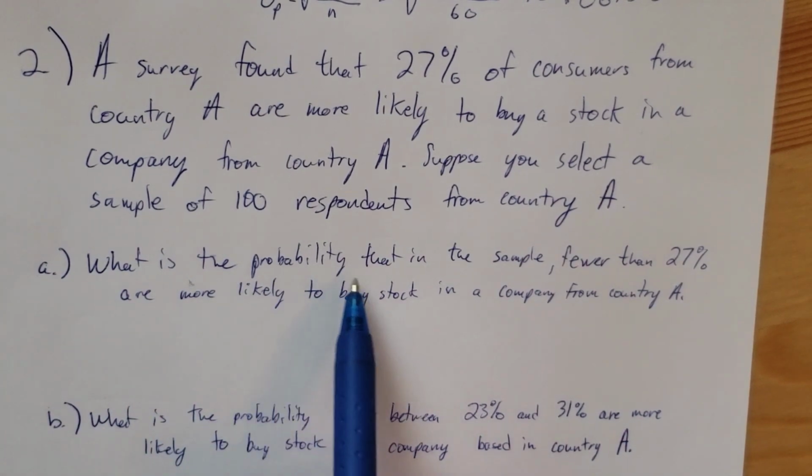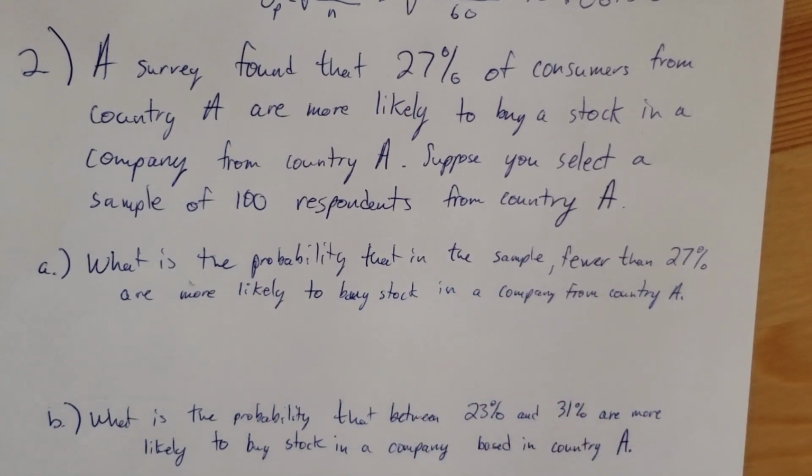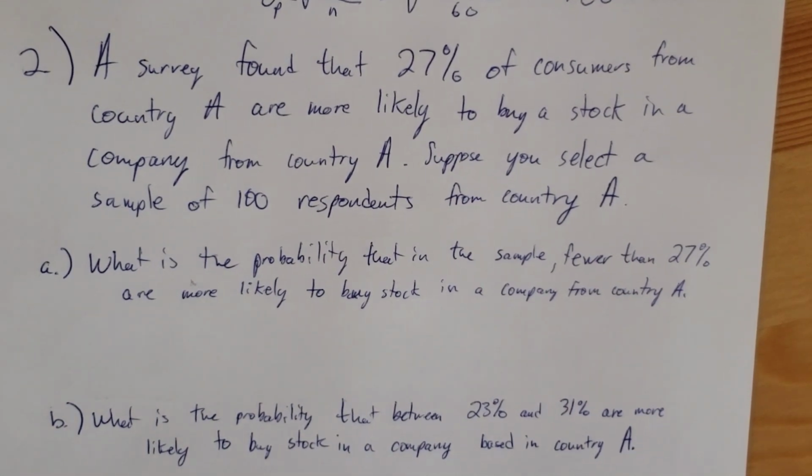So if we're asking what the probability that in this sample, fewer than 27% are more likely to buy stock in the company from country A, we should automatically, without doing any math, realize that this probability is 50%. 50% are going to be below the 27% marker, and 50% probability that we're above that marker. Let's actually do the mathematics, though, to see that that's the case.